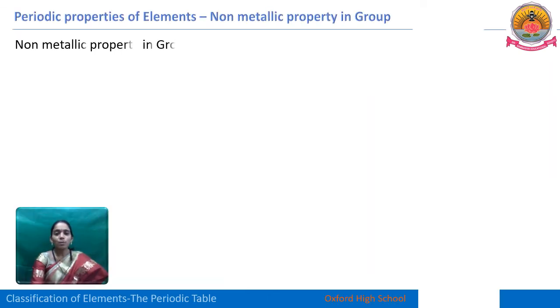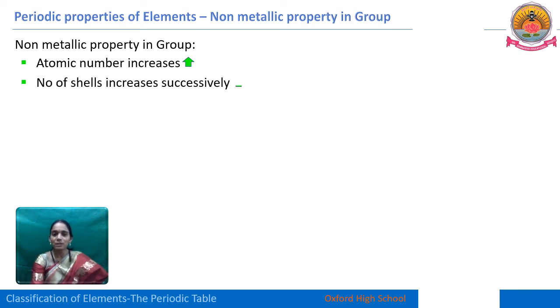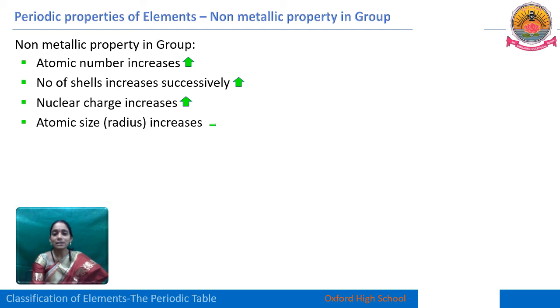Whereas in a group, let us see how the non-metallic property behaves. Atomic number increases as usual, but the number of shells also increases successively in a group from top to bottom. Nuclear charge increases, but atomic radius increases because the distance between the nucleus and the outermost shell increases as the number of shells increases.